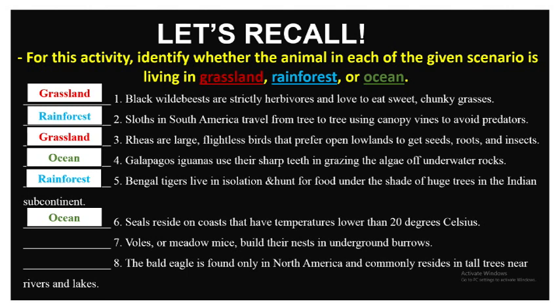So the answer is grassland. Our last question is, the bald eagle is found only in North America and commonly resides in tall trees. The answer is rainforest.